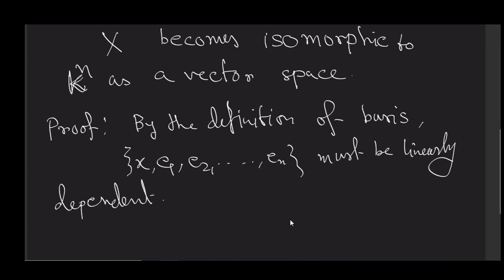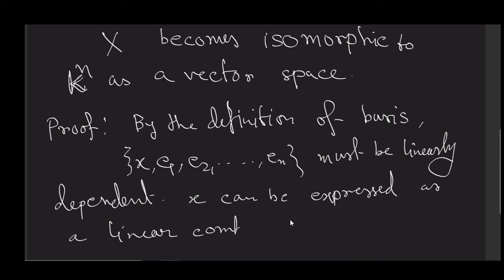Now what we can say here is that x can be expressed as a linear combination of the basis vectors.